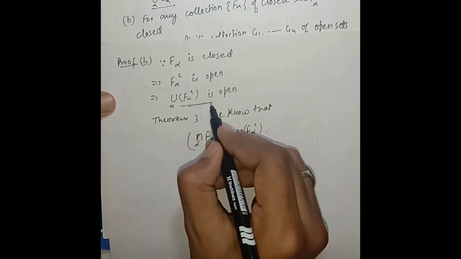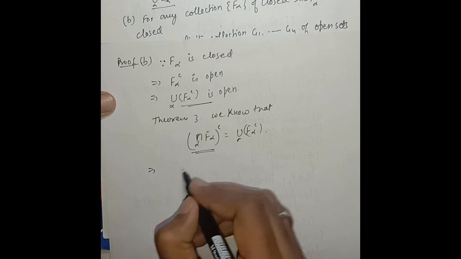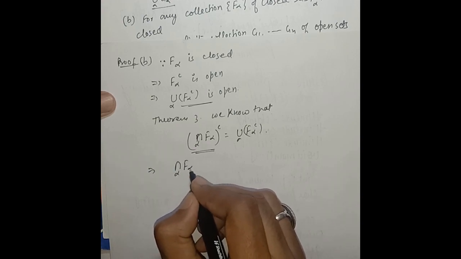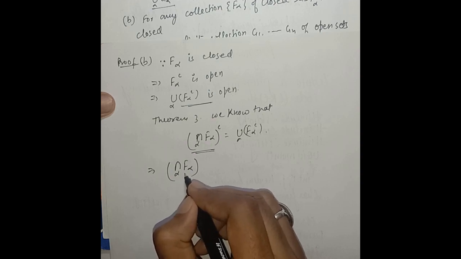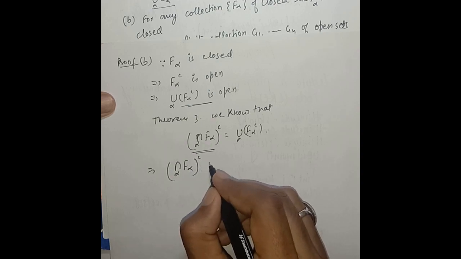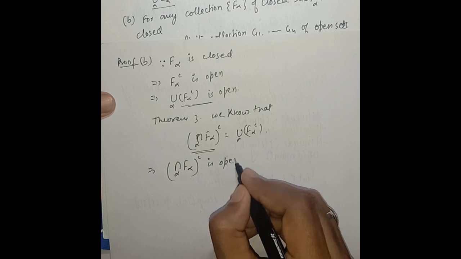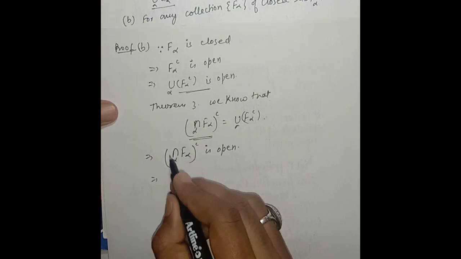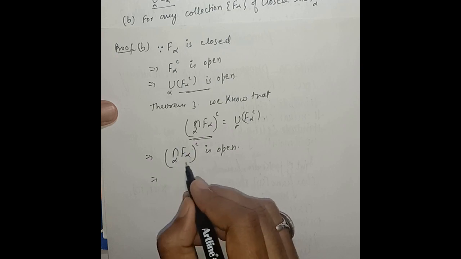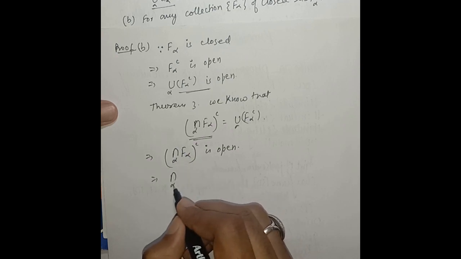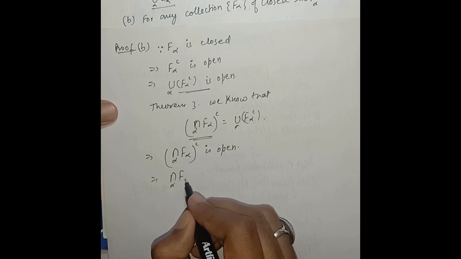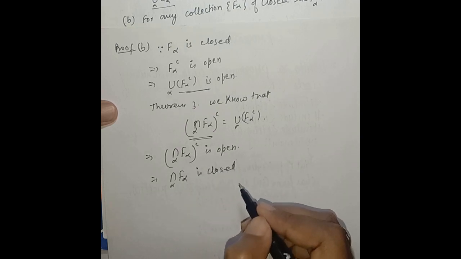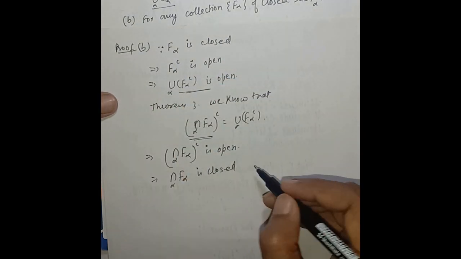So if that is open, this implies the complement of the intersection of F alpha is open. If this is open, that means the intersection of F alpha is closed. So this proves B.